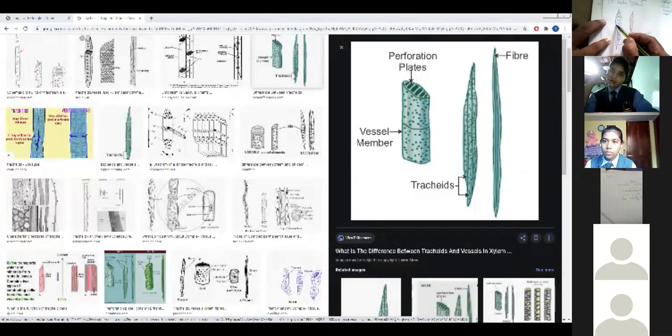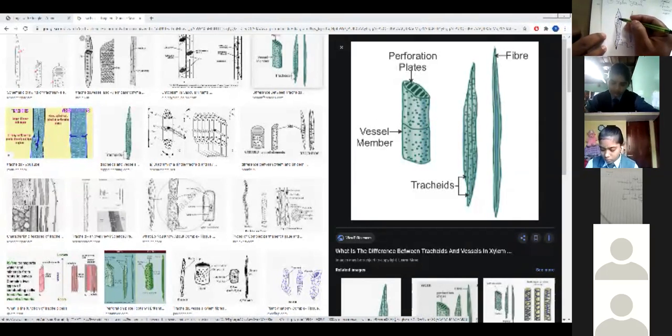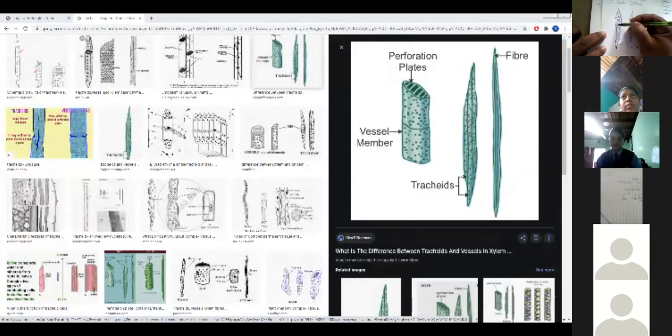It has tubular dead cells that transport the water, my dear students. The dots are water molecules. This cell wall is made up of lignin, therefore it provides mechanical support to the plants.